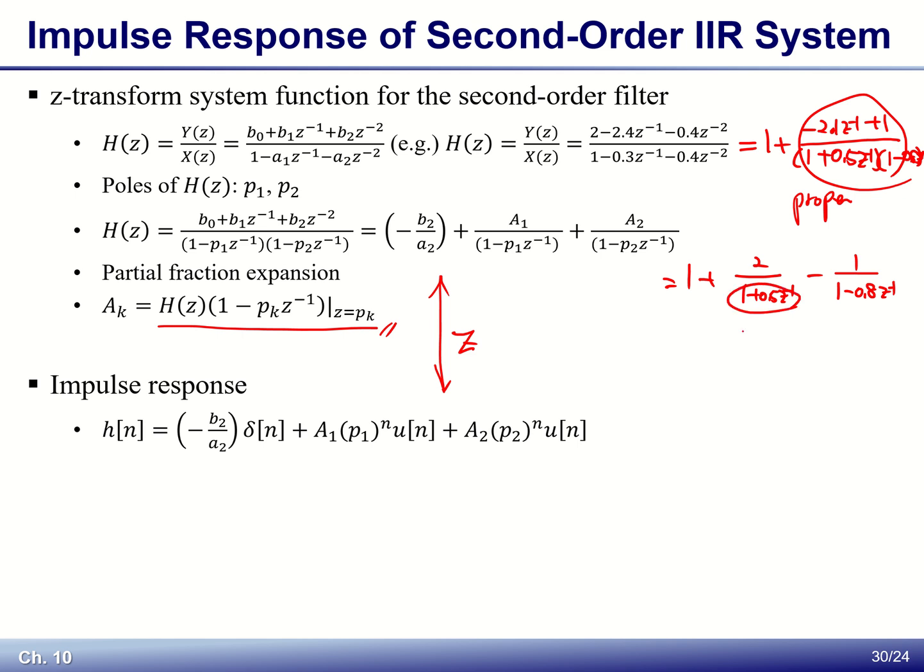Actually, this is 1 minus 0.5 z^-1. So the inverse Z transform will be delta[n] plus 2 times minus 0.5 to the n u[n] minus 0.8 to the n u[n].